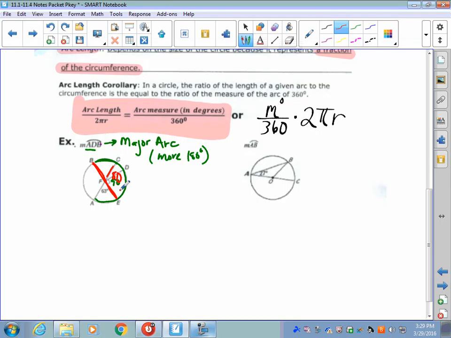So we just need to add 180 plus that 63, and that would give me the degrees of the arc, which is 243. So the measure of the arc ADB is 243 degrees.